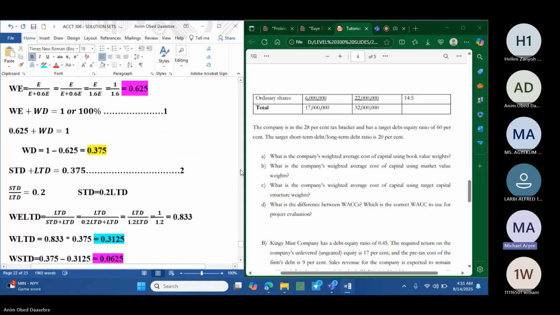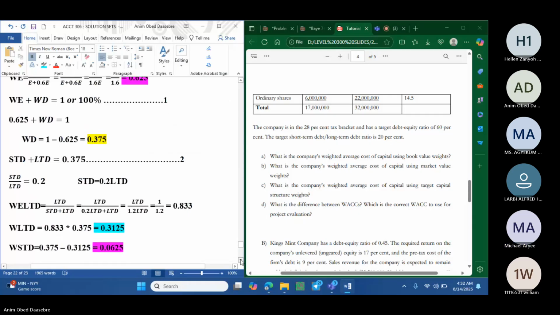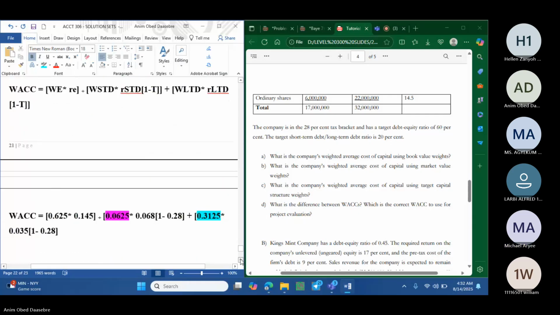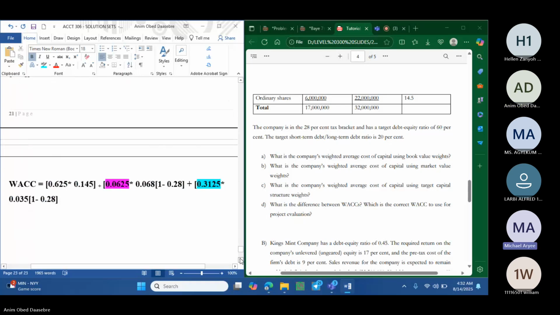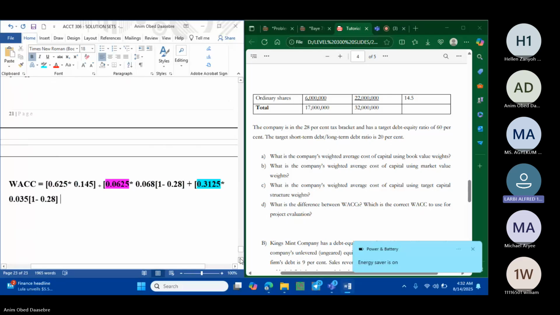Hello, sir. Please, the answer is 0.101326. Come again. Compute the values again. Okay, 0.1435.